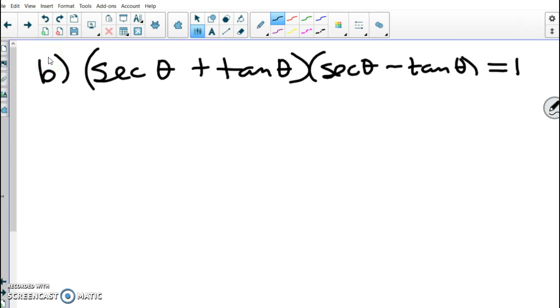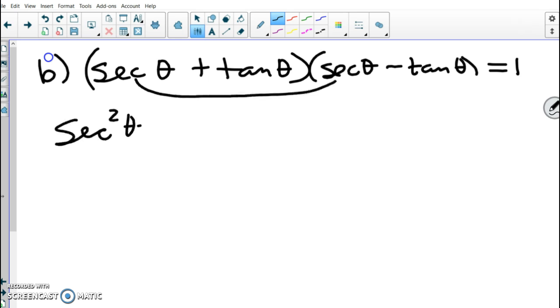So we're going to use this to prove one of the Pythagorean identities. You guys understand two binomials, we can simply FOIL these two expressions. So secant squared times itself is secant squared theta. I'm going to take the product of the inner and the product of the outer, and we can easily see that those two cancel out. Secant, tangent, I'm just trying to save some time and not write those thetas.